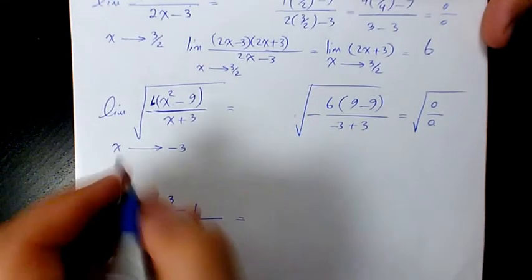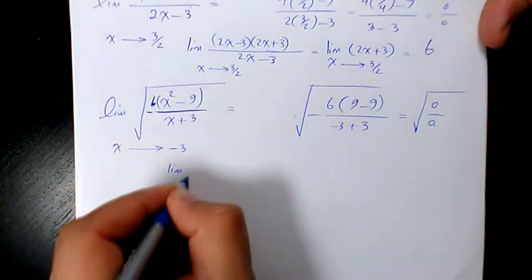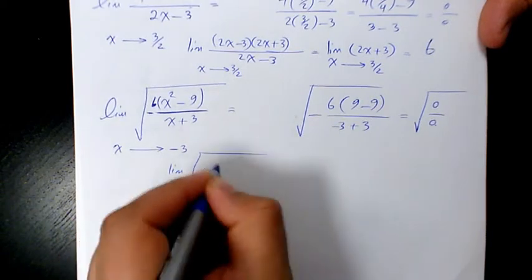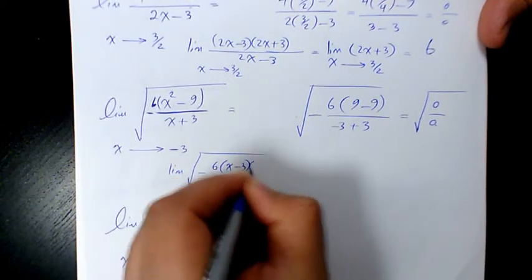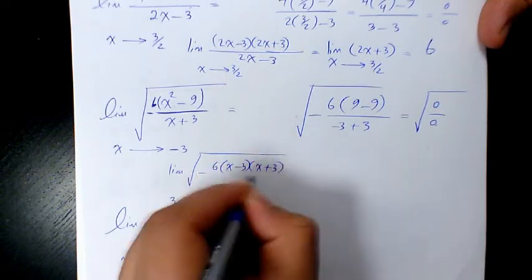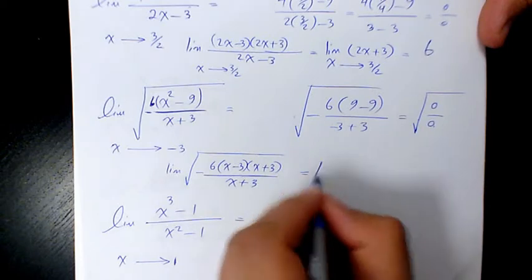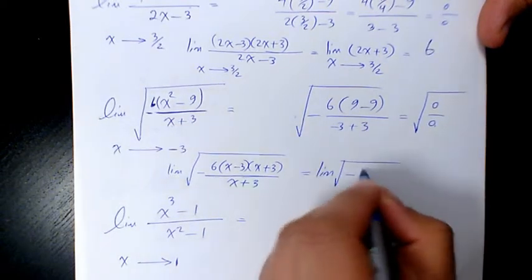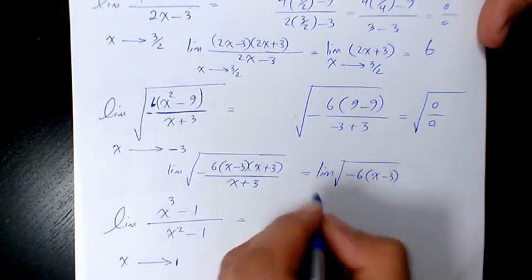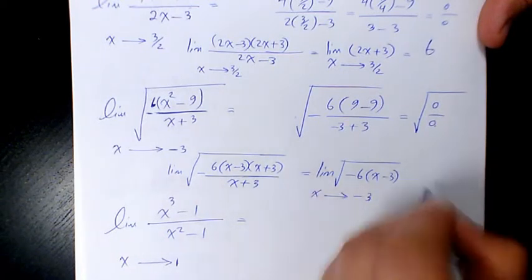So we need to factor that. It's going to be the limit of the square root of (negative 6x minus 3) times (x plus 3) over (x plus 3). These two cancel out. It's going to be the limit of the square root of negative 6x minus 3 as x approaches negative 3.